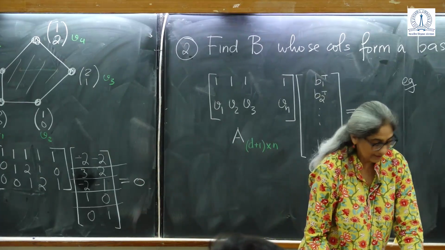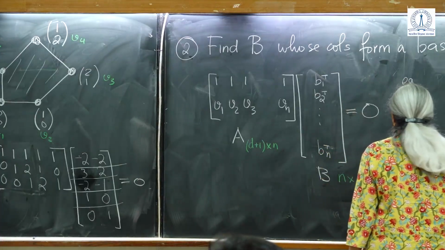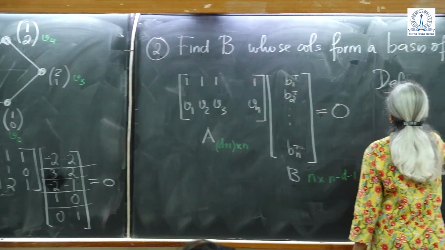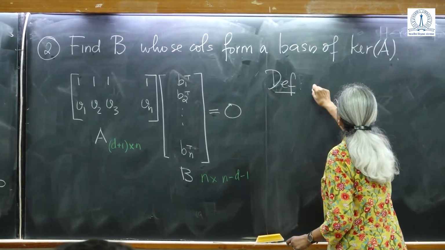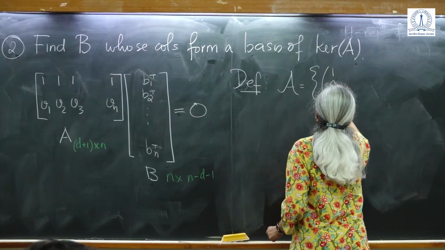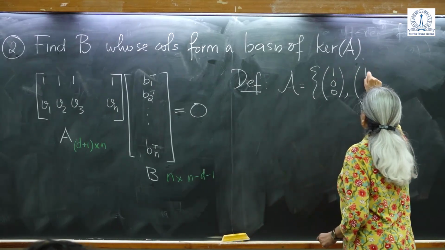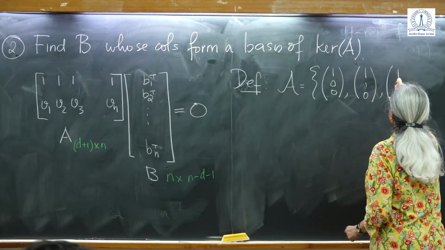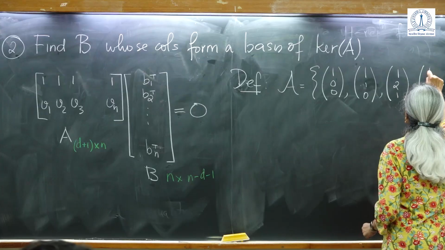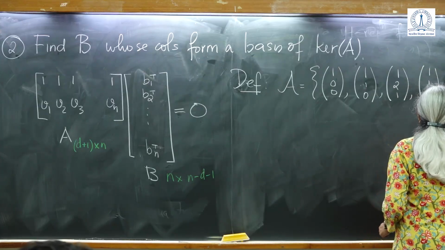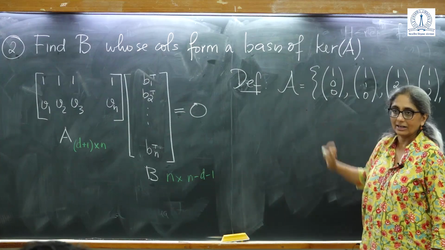And now I'm going to make a definition. Let's take all the columns of A. So the columns of A are this one, 1 1 0, 1 2 1, 1 1 2, and 1 0 1. We're going to call this the A configuration.